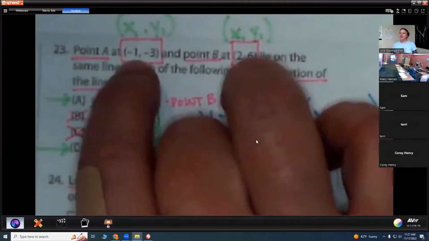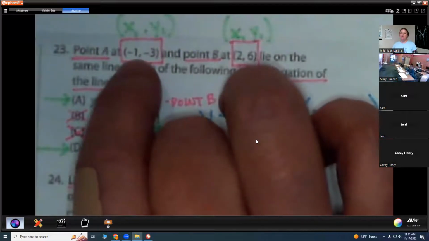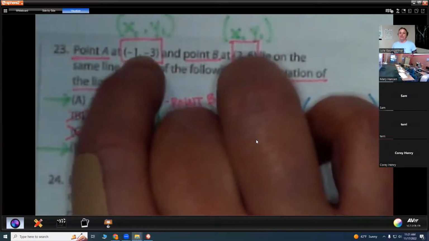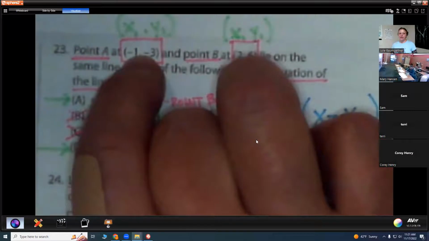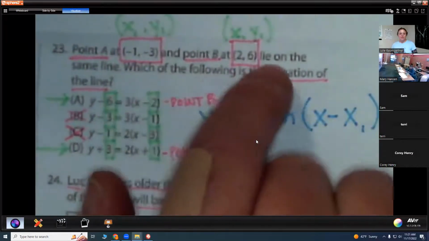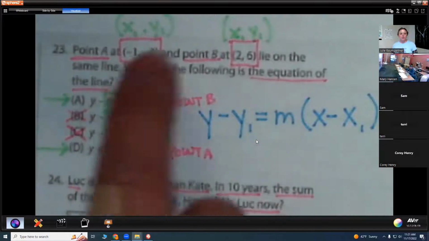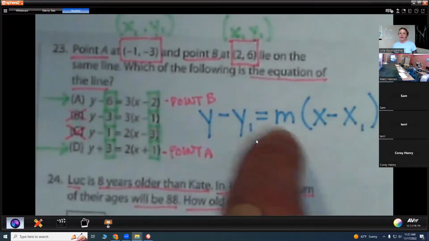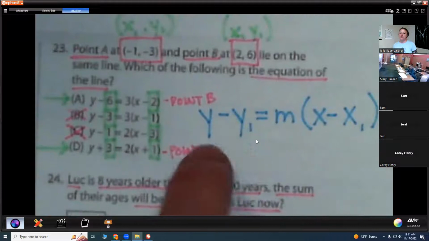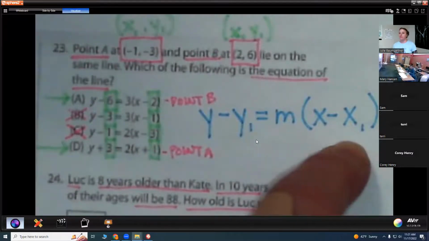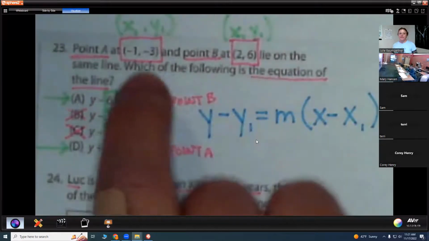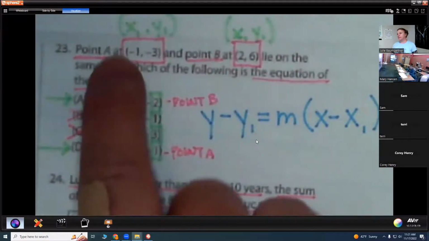However, because we don't know the slope of the line, we need 2 points on the line. With the information that we're given, our equation is going to use one of the points. You only need 1 point on the line to do this style of formula, but to calculate the slope, we need both points.